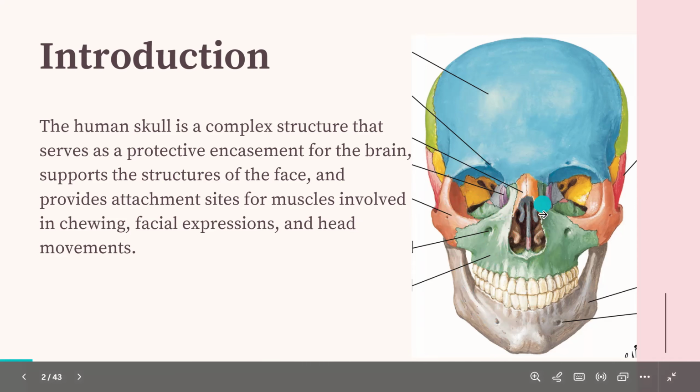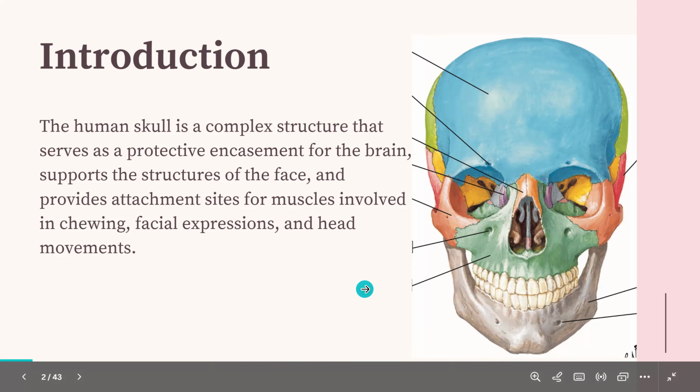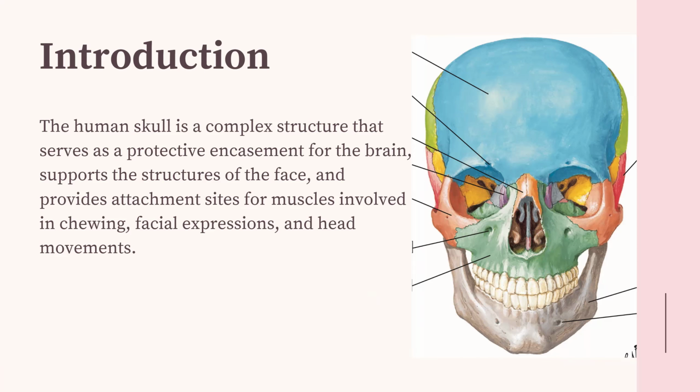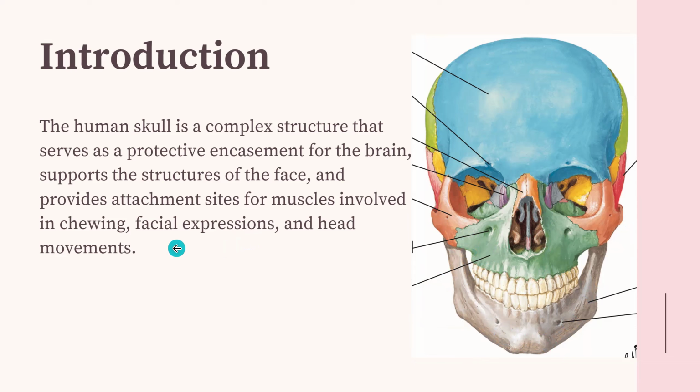So the skull bones support the structures of the face and provide attachment sites for muscles involved in chewing. Chewing is one of the important functions that the skull does through your mandible. Your mandible moves up and down to chew the food that you ingest. And of course, facial expressions and head movement.